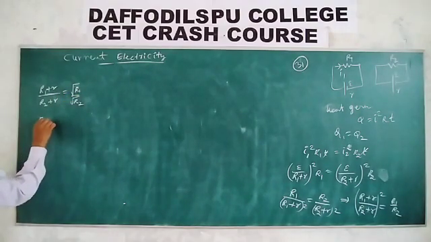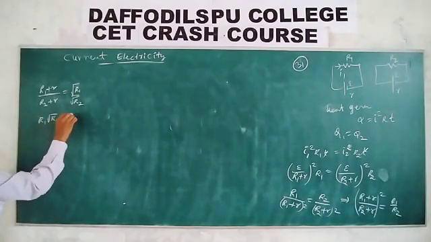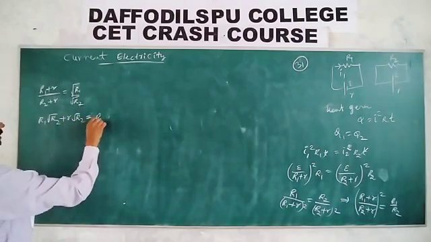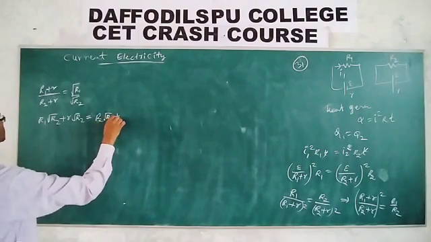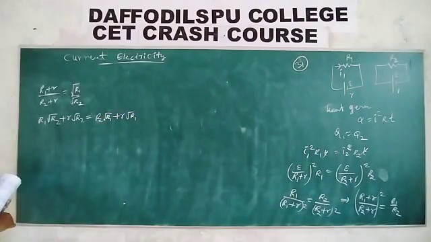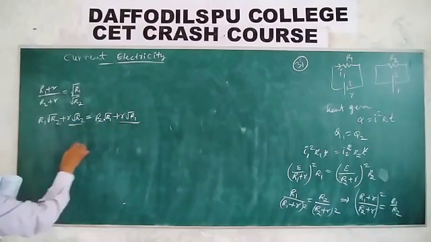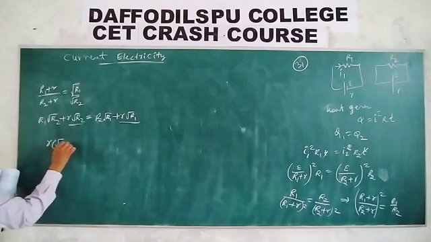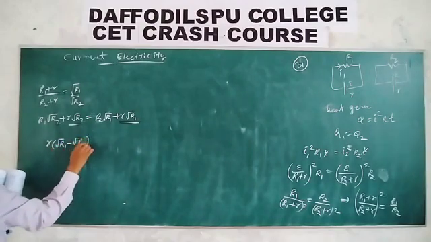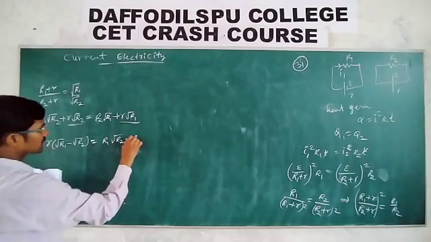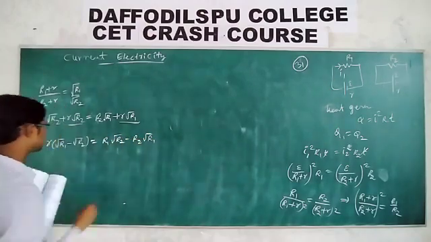Now R1 into root R2 plus r into root R2 is equal to R2 into root R1 plus r into root R1. Then subtract this side, small r is defined. Small r into root R1 minus root R2 is equal to R1 root R2 minus R2 root R1.